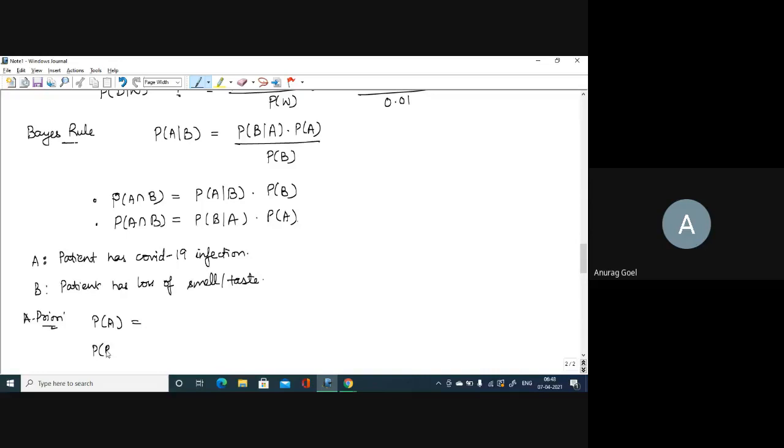What is the probability of loss of smell and taste, P(B)? Okay, and we should have the probability that, out of all the COVID infected patients, how many patients have that loss of smell and taste? Okay, so basically P of A and B.